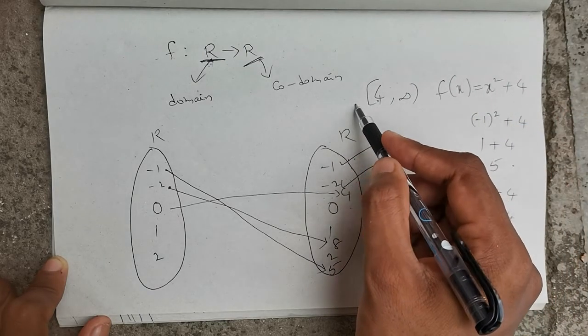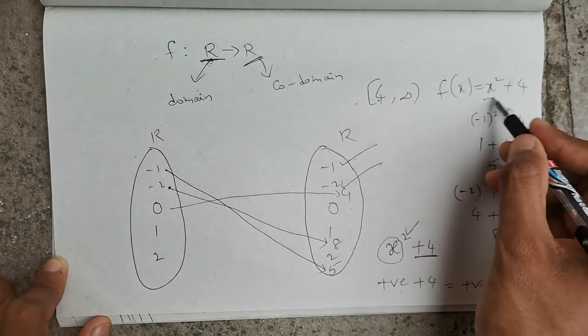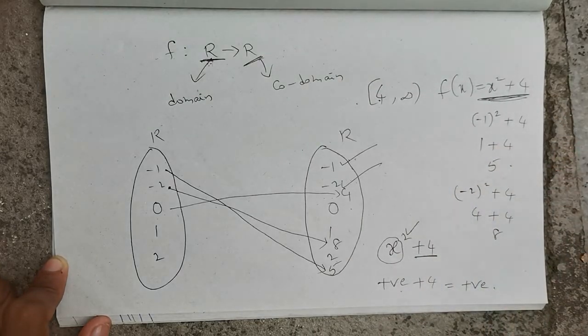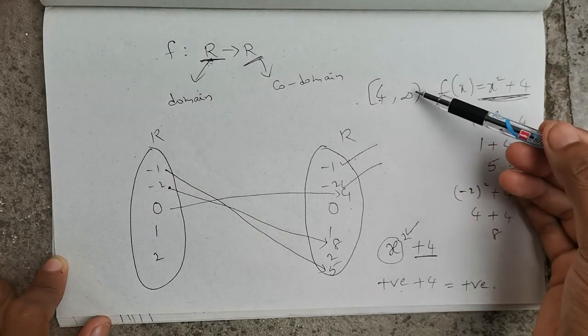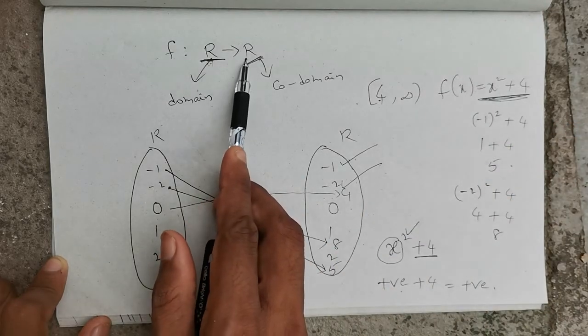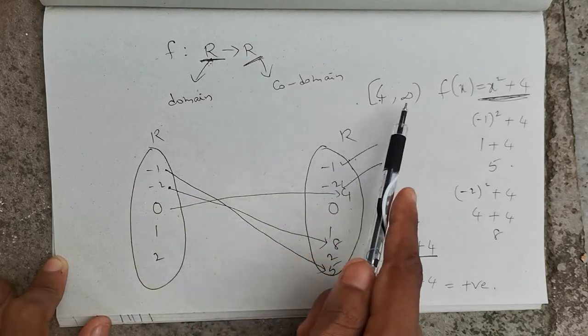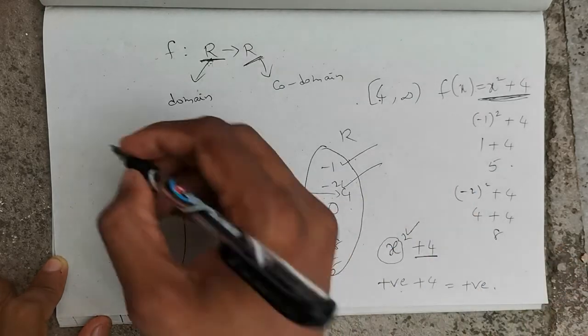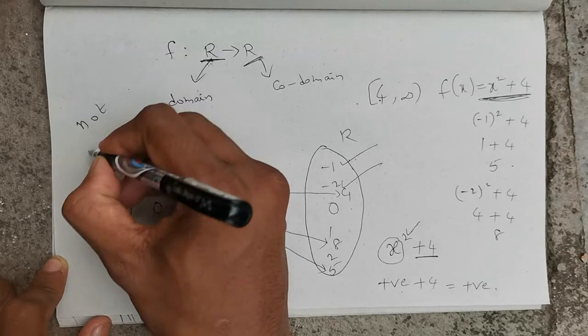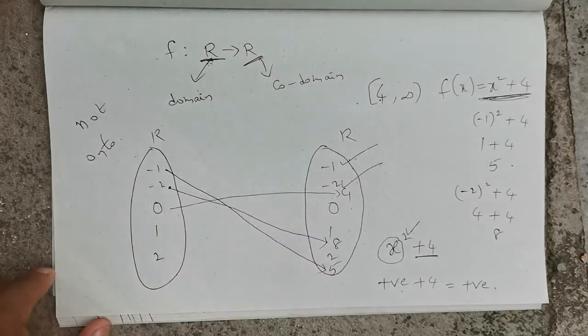Below 4 we won't get any value in this function x square plus 4. So here the range is 4 to infinity, whereas the codomain is total real numbers. Here codomain is not equal to range, so this is also not an onto function.